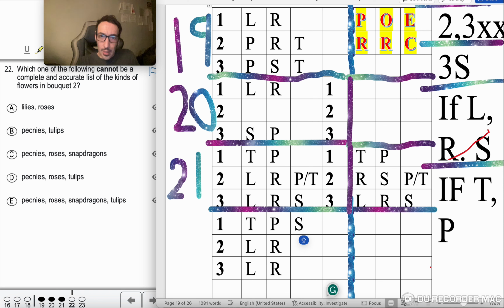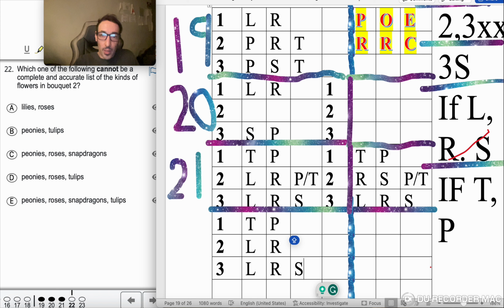And at this moment, this information with the L and R isn't going to work out, especially with number 2 and 3, because it prevents S from being in there. And we know that condition 3 has to go in 3 no matter what.